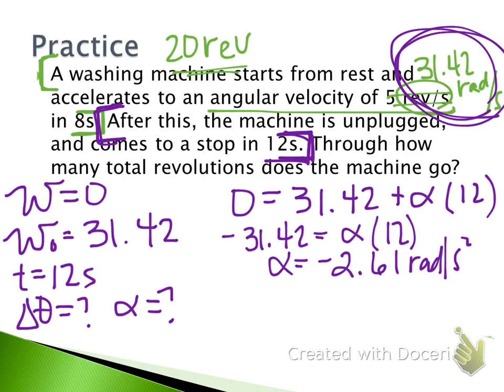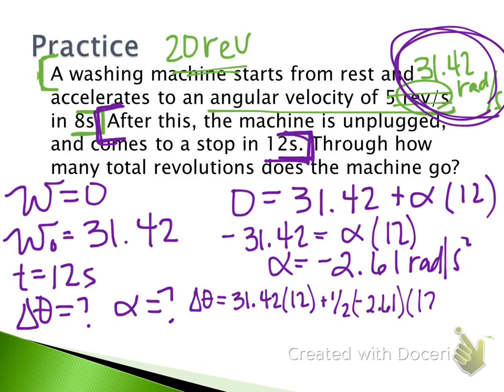From there, go ahead and solve for theta. This time we have an initial angular velocity of 31.42, so we can't leave that out of our equation. Make sure that you include the negative for your acceleration. I end up with a theta value somewhere around 189.12 radians.